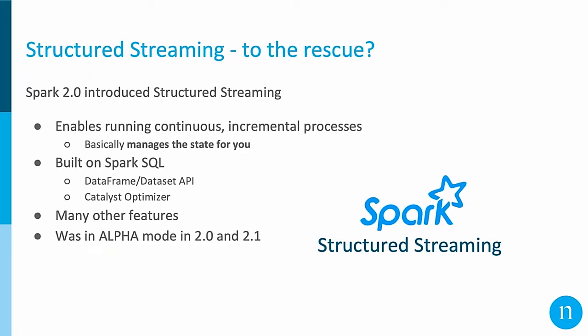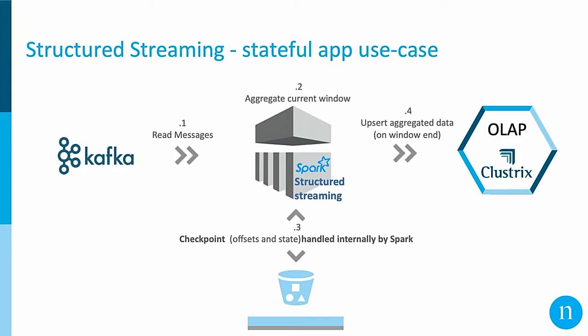And also for us, because we are early adopters and you saw that we had issues, we really embraced it, even though it was in alpha mode in Spark 2.0 and Spark 2.1. So let's see how it worked for us in our infrastructure. Again, going back to the same example, we still have messages in Kafka, but now rather than having those Spark streaming applications, we have Spark structured streaming applications doing what they call windows instead of microbatches, but the idea is the same.